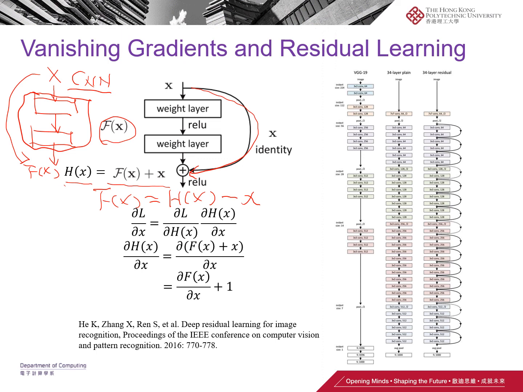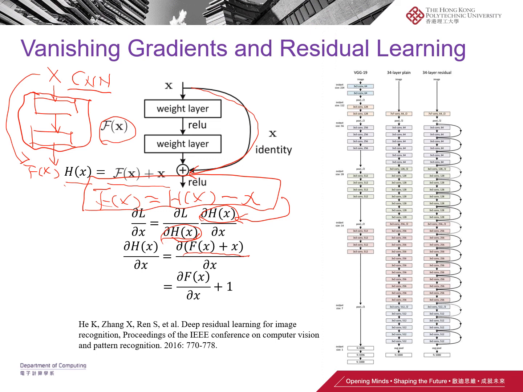However, the most important part is, as I mentioned, it solved the problem of vanishing gradients. By using this, when we're calculating the partial derivative of L with respect to x, what we are doing using the chain rule is something like this. We are calculating using h(x) as a bridge. So substituting this into h(x), what you have will be this one.